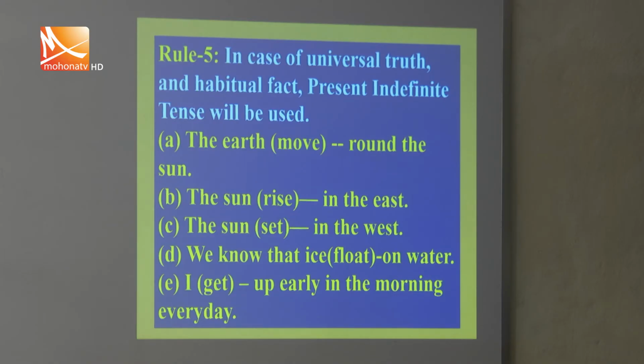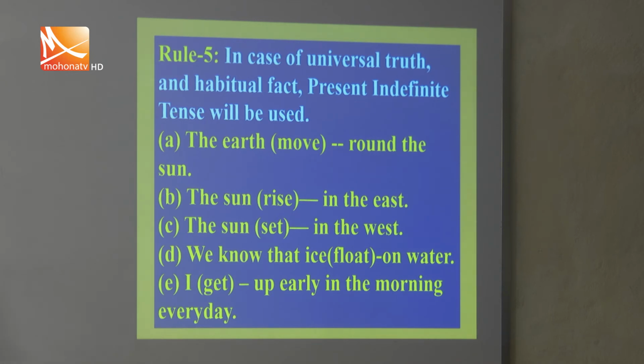And the habitual fact, if we find any activity that indicates any habit of the subject, this should be written in present indefinite tense.